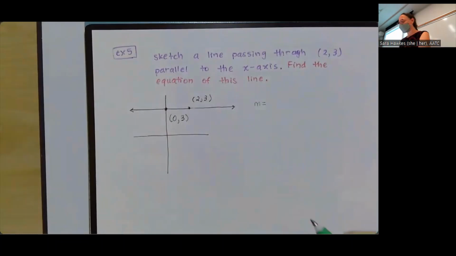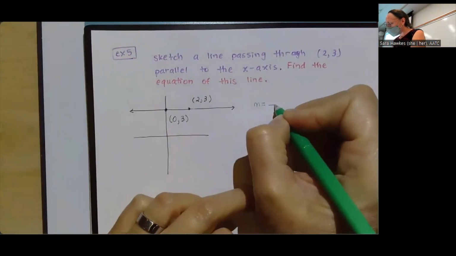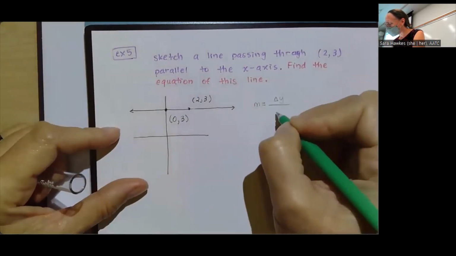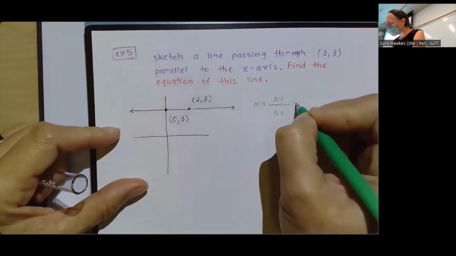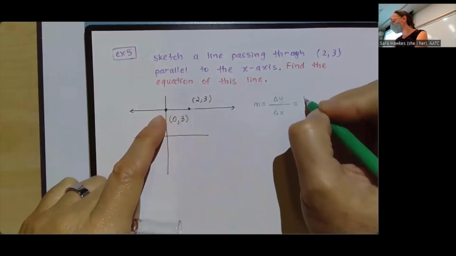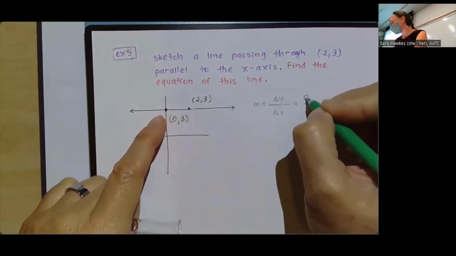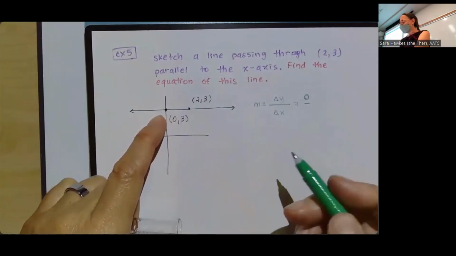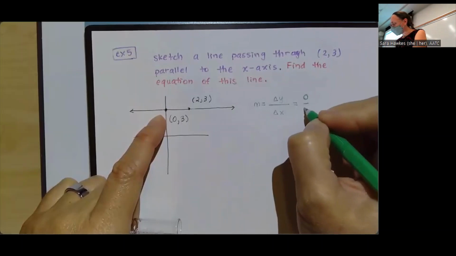It's totally fine to plug the numbers into the formula. So if I have a change in y over a change in x, as I move between these 2 points, my y value didn't change. So that would be a 0 on top of that fraction. My denominator changes, right? My change in x here was 2.